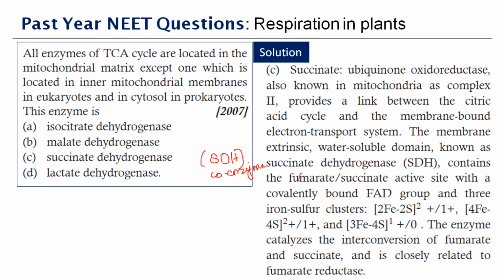The one which is present inside the membrane is succinate dehydrogenase. That is what they have explained on your right side, if you clearly see. Therefore, the correct answer is option C. Always remember this is the only enzyme that can participate in both the citric acid cycle and the electron transport chain.